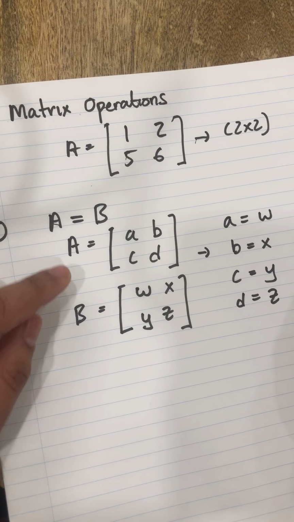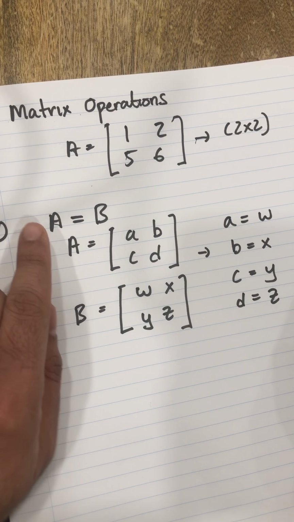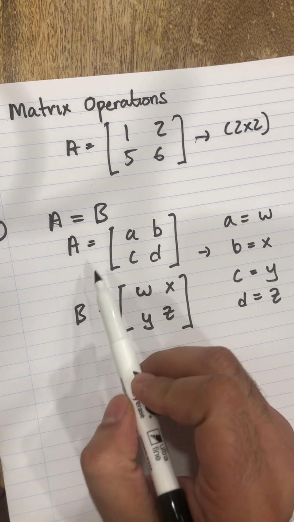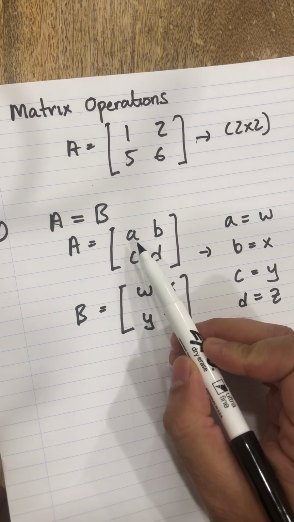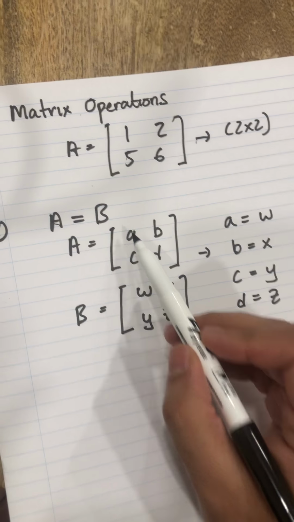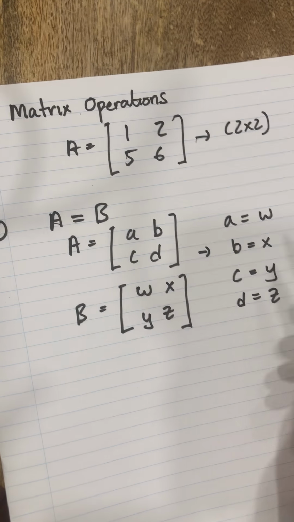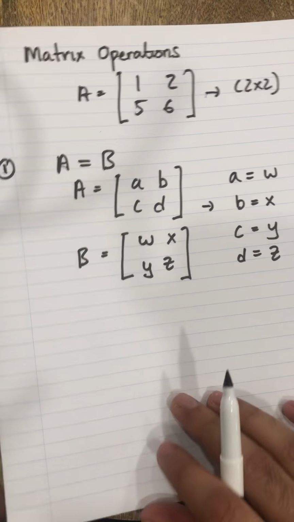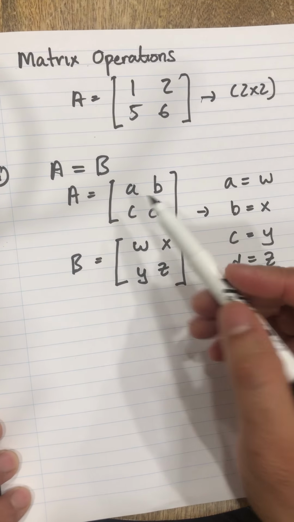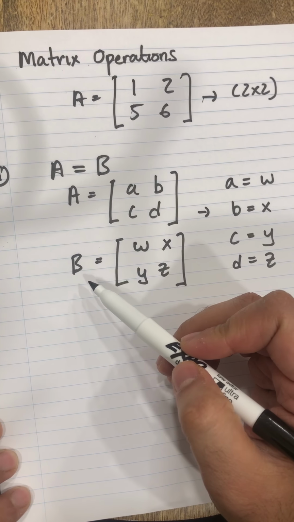So if someone gives you two matrices and says they are equal, in the sense that A is equal to B, that essentially means all the elements of the first matrix have the identical number as the corresponding elements in the second matrix. But notice something: if two matrices are equal, you would definitely need both to have the same order.